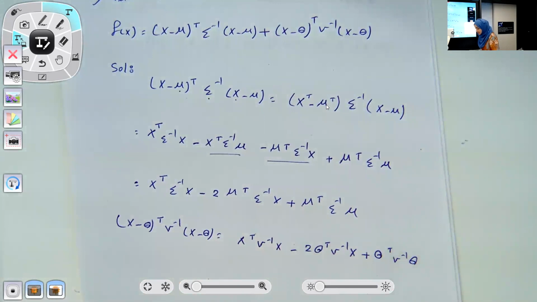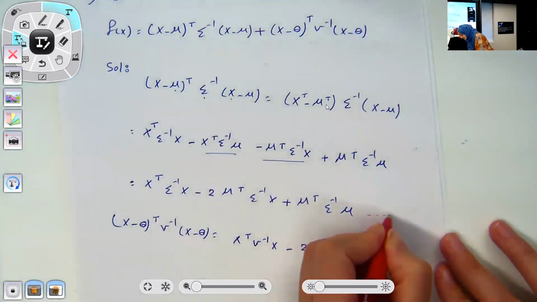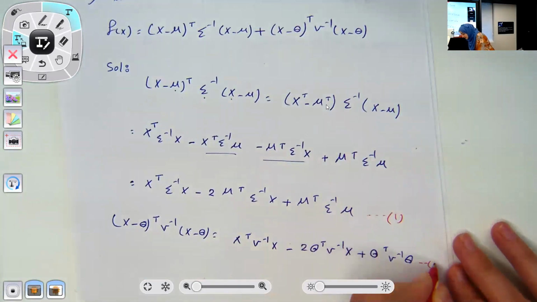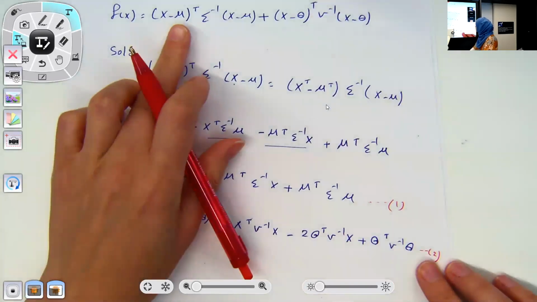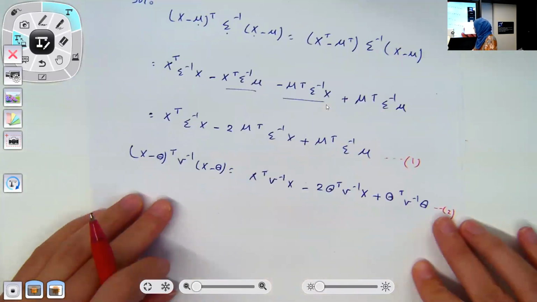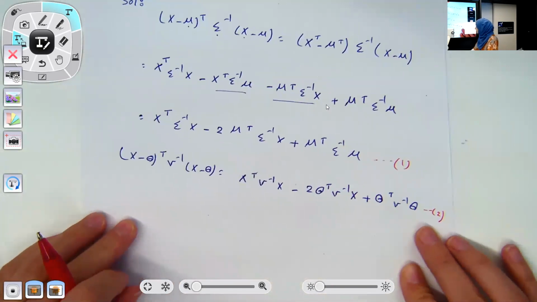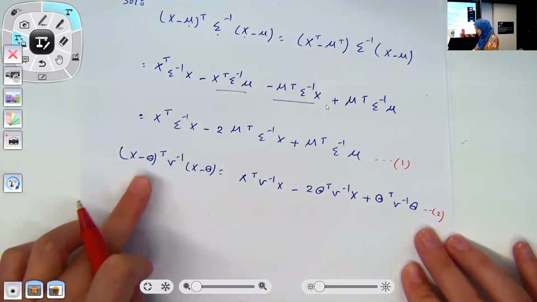Now we need to add it up, this part plus this part, because here in the question we need to find the sum of these two. So we need to add part 1 plus part 2.